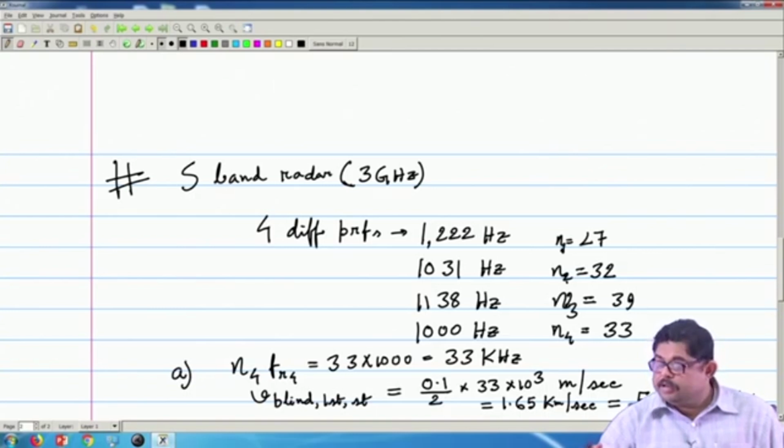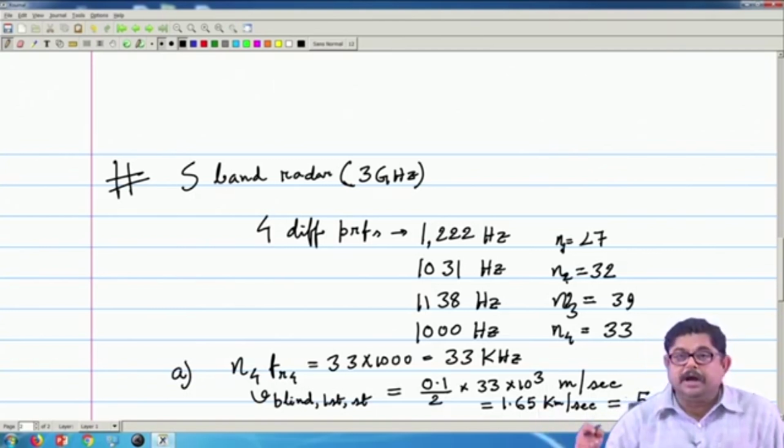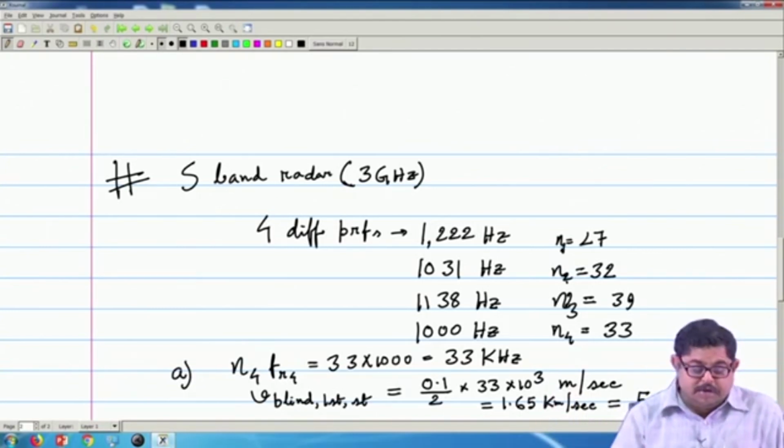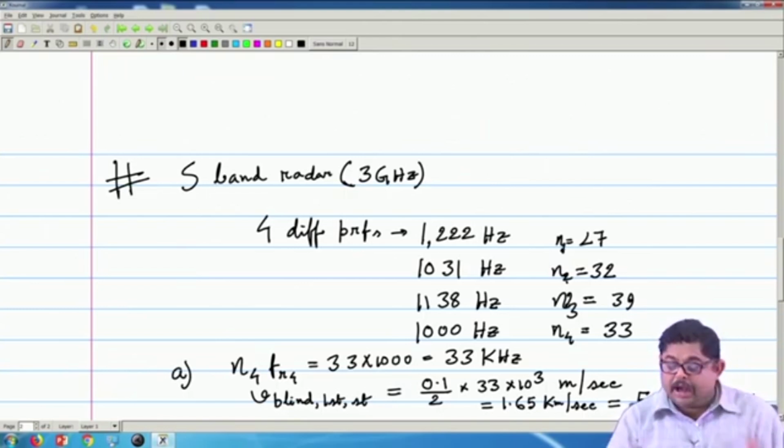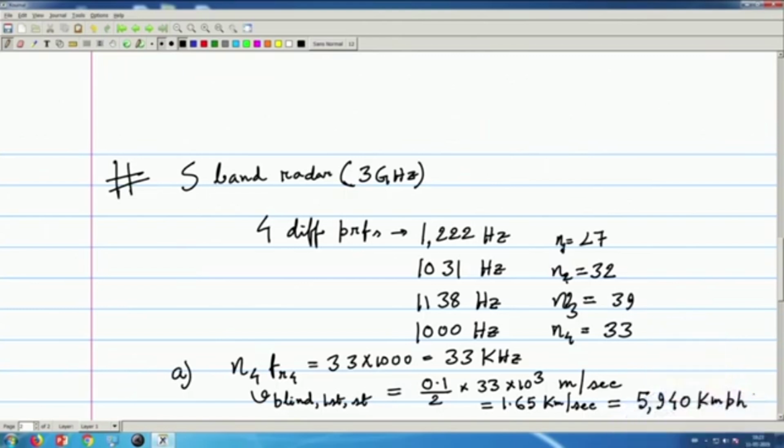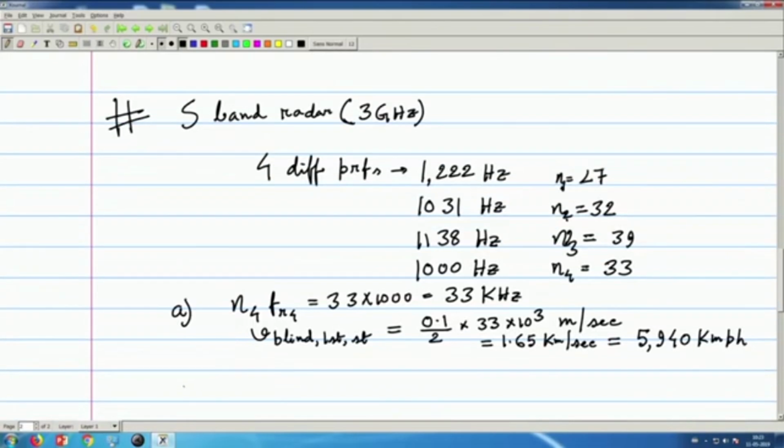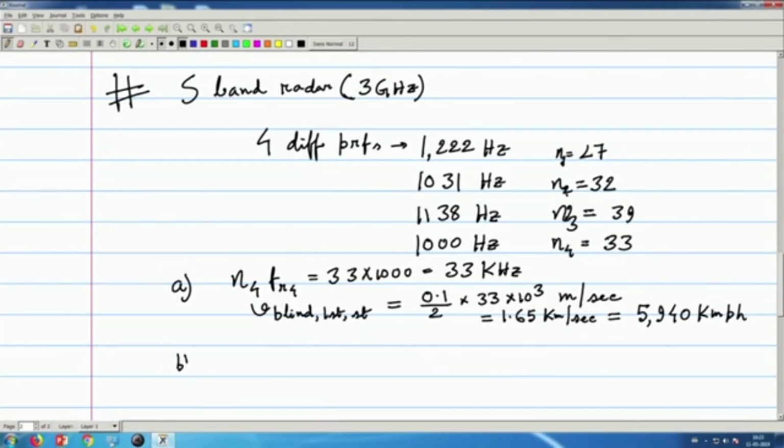kilometer per hour. So, if the first blind speed comes like here, it is good, but let us compare that had we not done this staggering and suppose we have operated with a constant PRF. Now, how to get the constant PRF? Let us take some average.